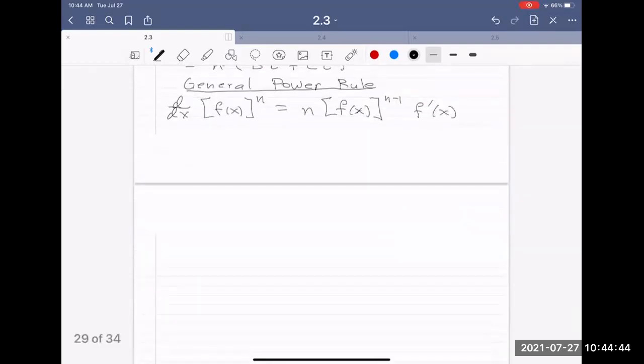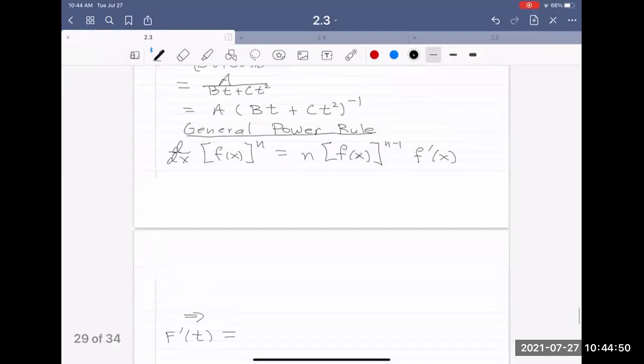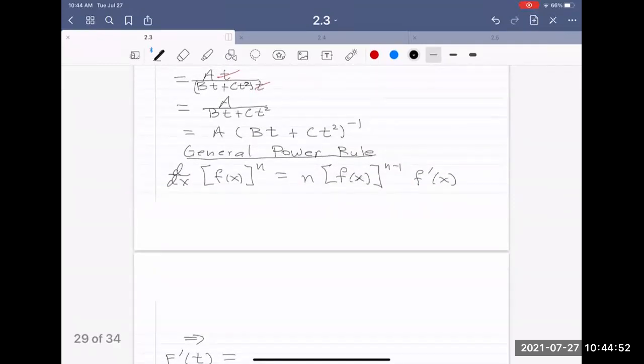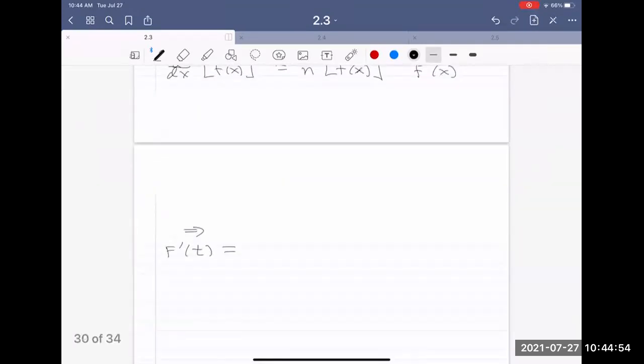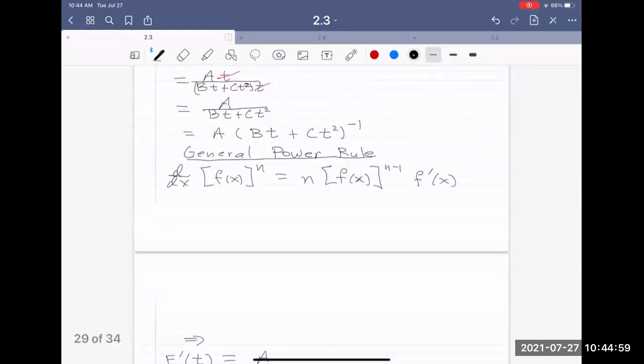So f prime of t is therefore equal to, well, I have a constant here, so let's leave that constant out in front by the constant multiple rule. The general power rule says that to differentiate some function to a power, you just bring that exponent out in front, minus 1, and subtract 1 from the exponent.